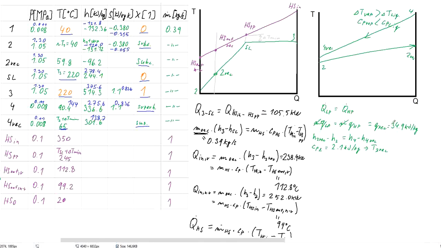relations here are still valid, and if we take the difference in the enthalpies, we get the recuperated heat here to be higher, to be 136.9 kilojoules per kilogram.